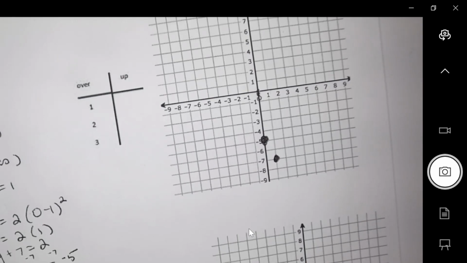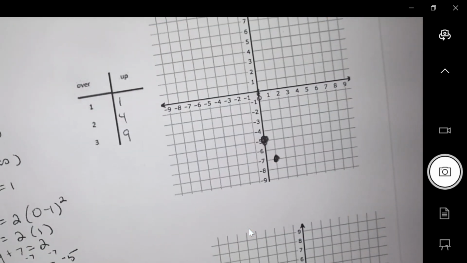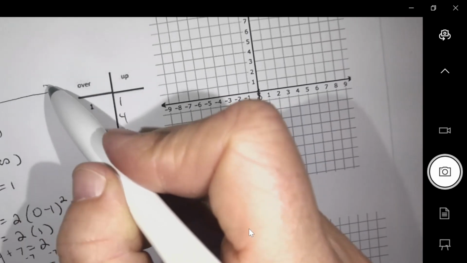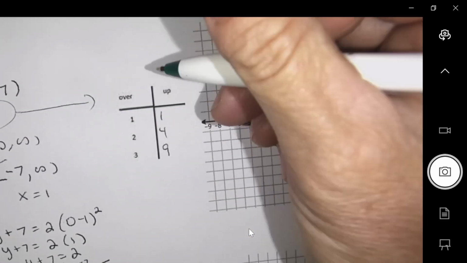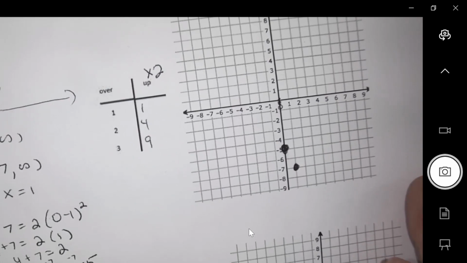Okay, let's do the pattern stuff here. So 1, 1, 2, 4, 3, 9. That's what I'm always starting with. Always the basic pattern. But our slope is 2. So now what do I do with that in this chart? Times this pattern by 2, just the up part.